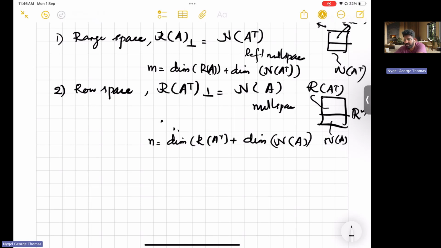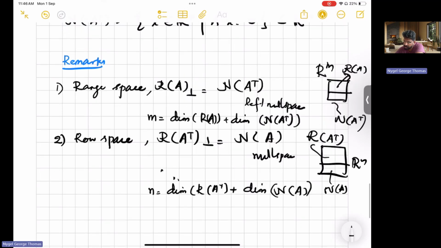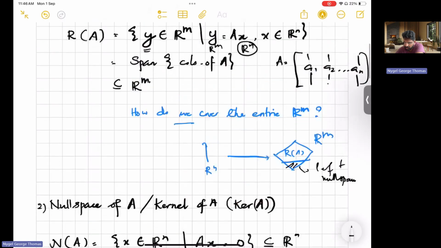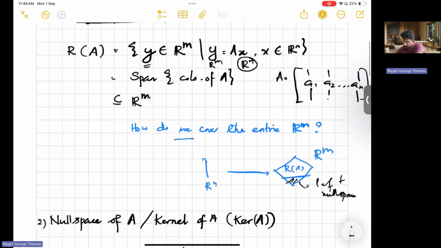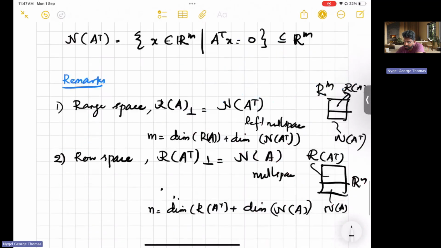Basically, there is a subtraction of dimension whenever we talk in terms of orthogonal complements. This is an important thing, which builds to something known as the rank nullity theorem. When we discuss ranks, we'll discuss more about this. So right now we have discussed the four fundamental subspaces, their dimensions, and how they partition Rn and Rm space.